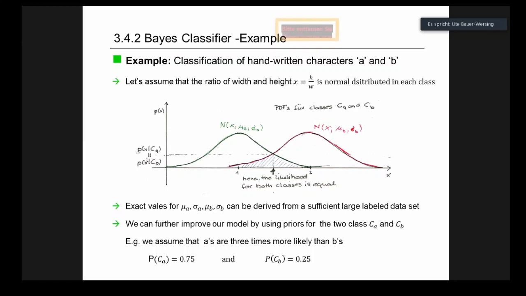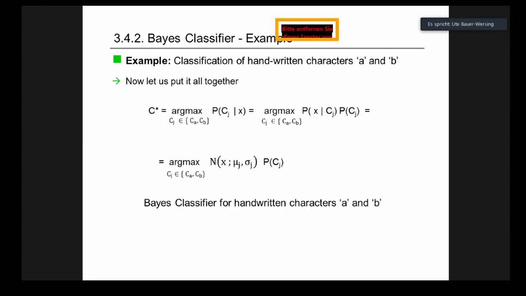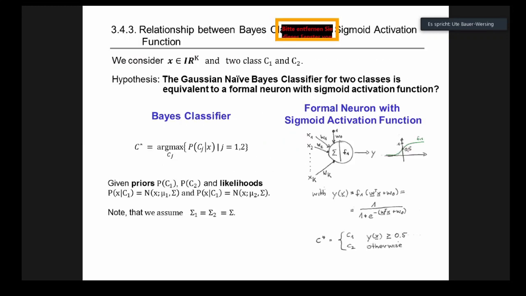I don't want to give a lecture on Bayesian classification, but we need this a bit, because the purpose why I introduced this naive Bayesian classification is the following.